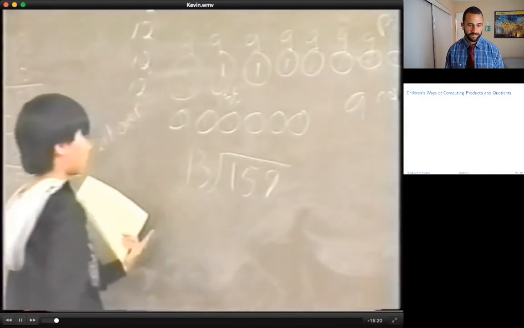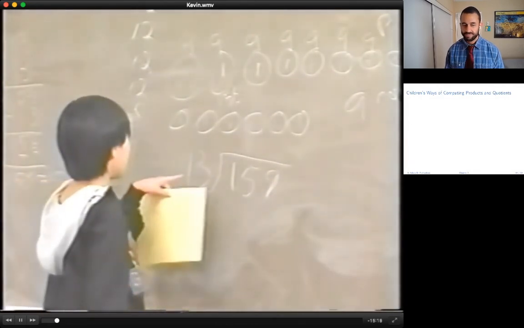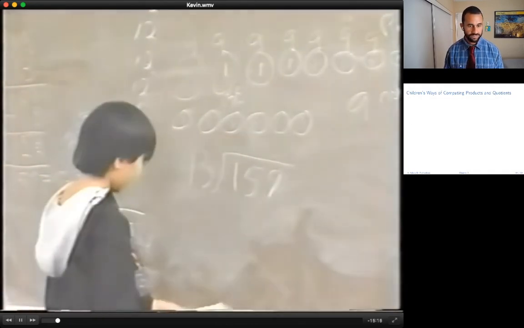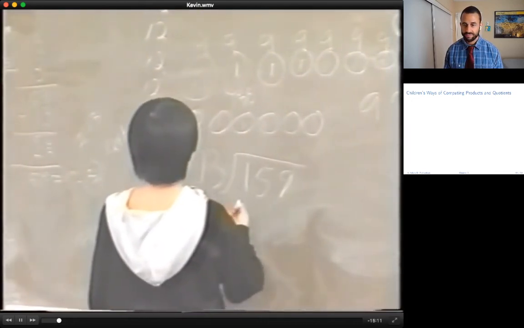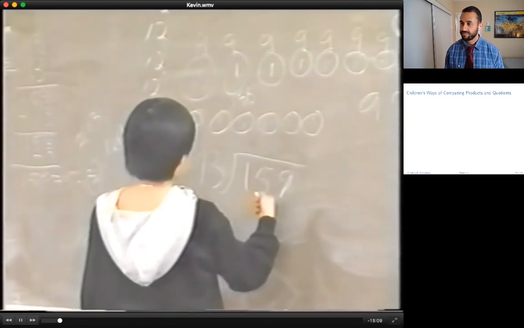This is how I set my problem. And when I did 13 divided by 1, one was smaller, so I gotta go to the next number.